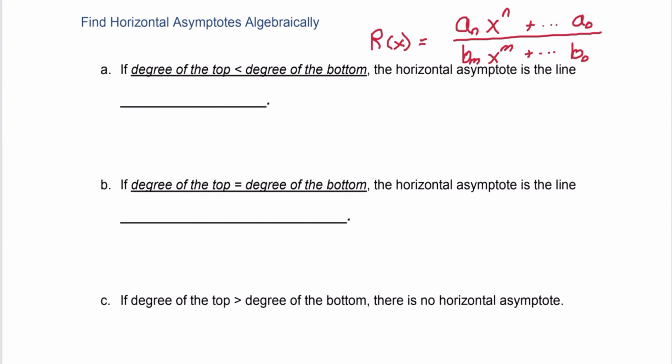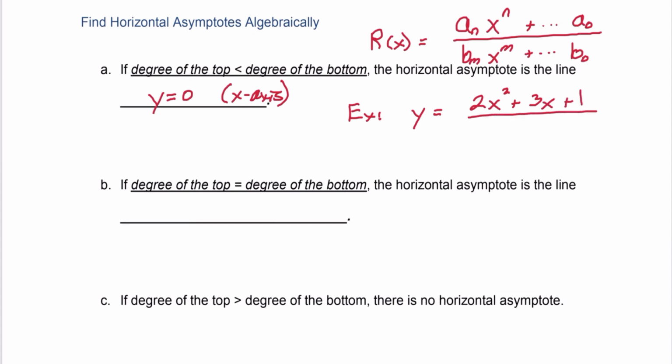If the degree of the top is less than the degree of the bottom, the horizontal asymptote is automatically y equals 0. Basically, it's just the x-axis. For example, y equals 2x squared plus 3x plus 1 divided by 10x to the fourth minus 3x plus 8.